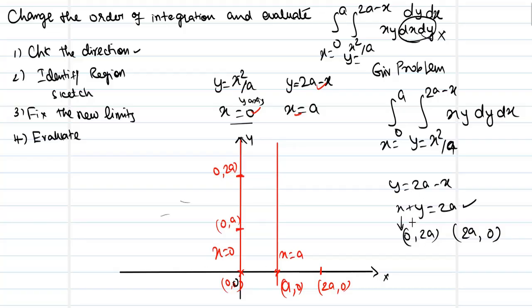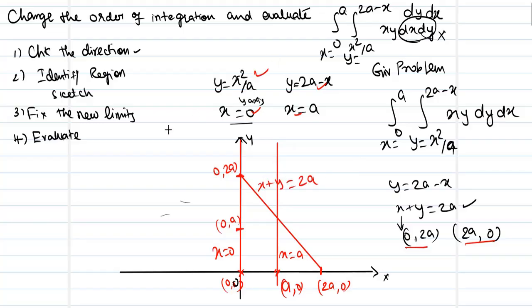So the line passes through 0, 2a, 2a, 0. We will now fix the line which passes through this point. So the straight line which passes through 0, 2a and 2a, 0 is this, and the name of the line is x plus y equal to 2a.